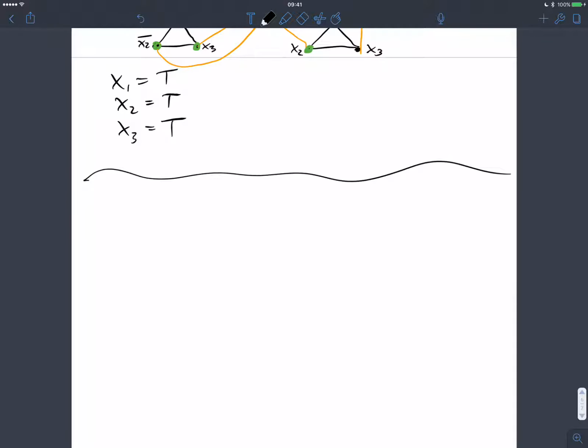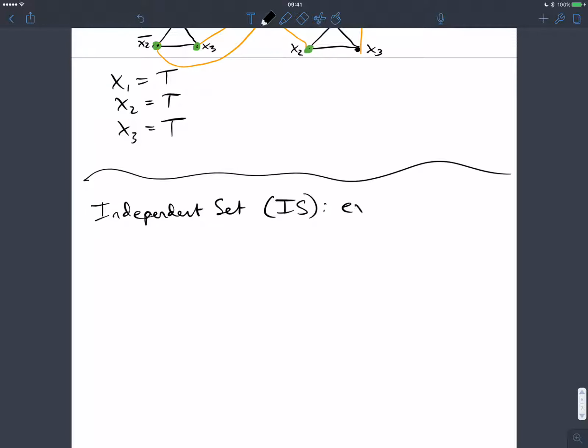So one problem that's kind of like the clique problem, but sort of the inverse problem, is called independent set. I'm going to abbreviate it as IS.